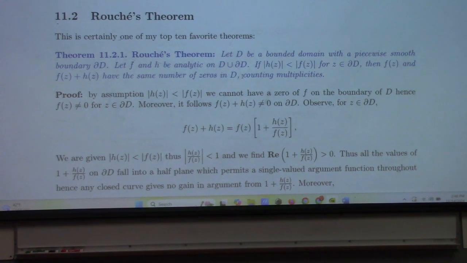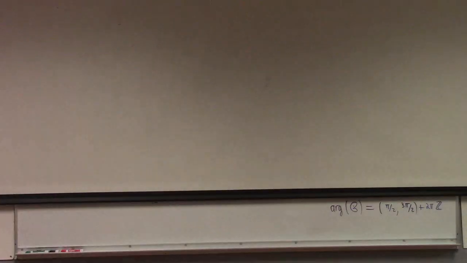It says, let D be a bounded domain with a piecewise smooth boundary, boundary D, and let, oh man, this thing is, let me put this away. I started to get motion sickness, you know? Oof.